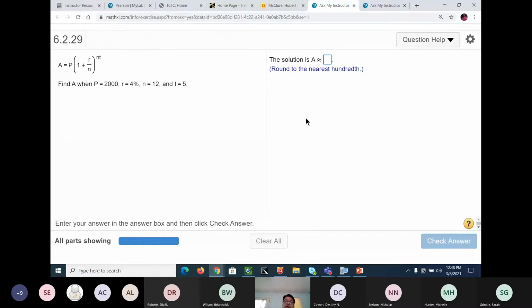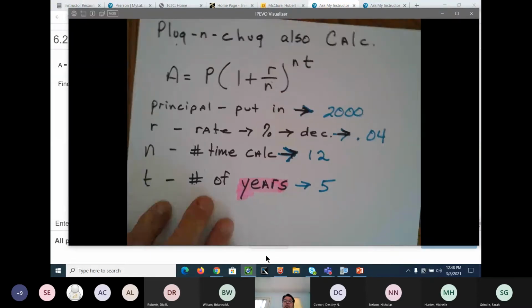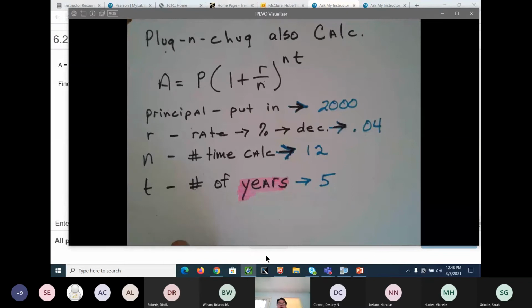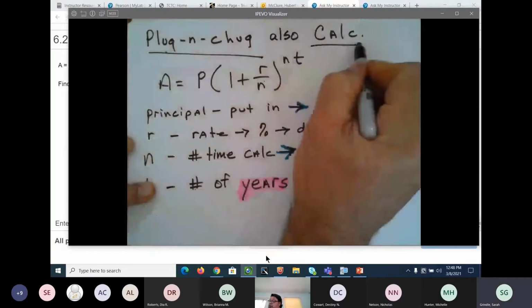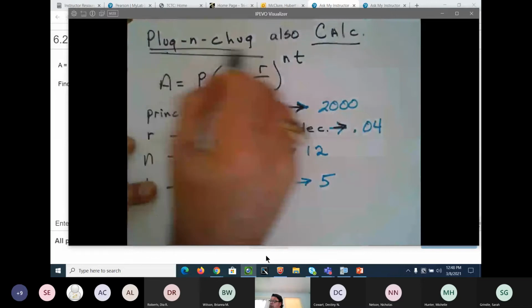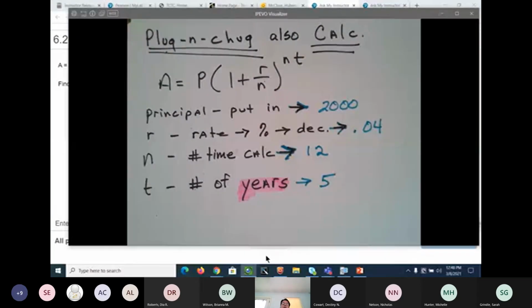So I'll go to my handy dandy whiteboard, and there is all the information we need. Plug and chug and calculate. How to use your calculator. Any questions so far? Now, if you want to, you can draw over to the side what it looks like when you plug everything in.